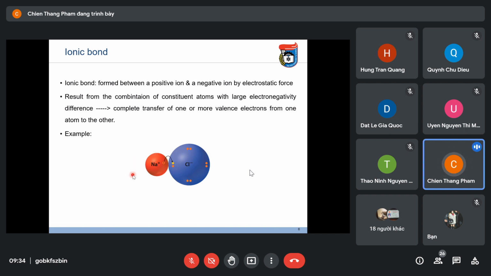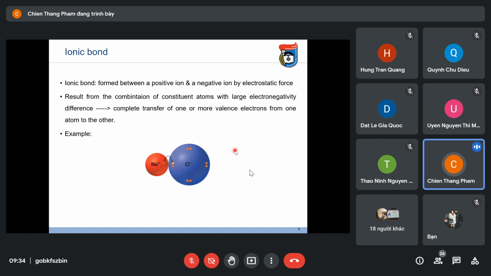As we already know from the electronic structure of sodium and chlorine atoms, the sodium atom easily loses one outer electron, and the chlorine atom is likely to gain one electron. From the picture, the sodium atom donates the electron to the chlorine atom, and the sodium atom becomes a sodium ion, a positive ion, and the chlorine atom becomes a chloride negative ion.